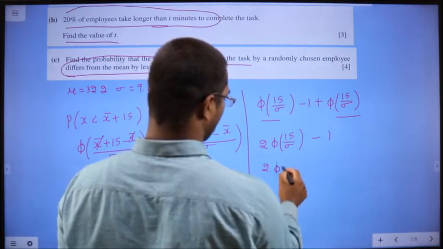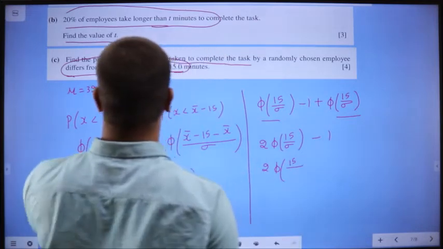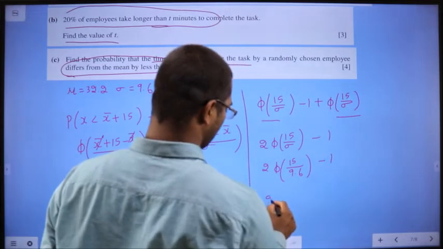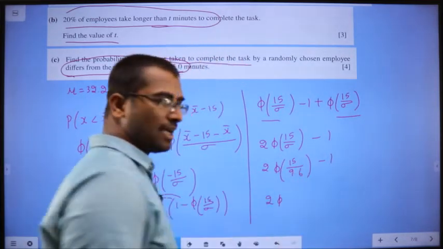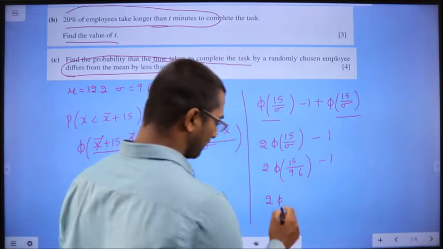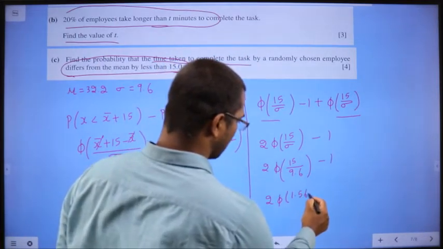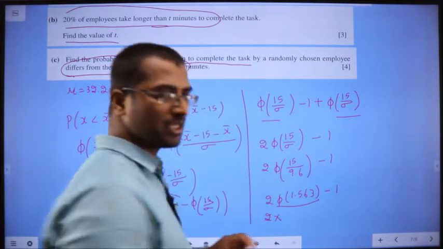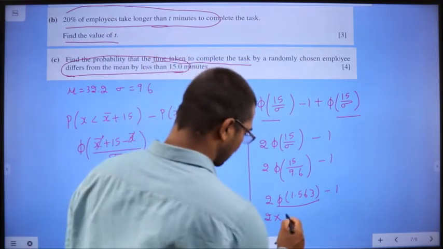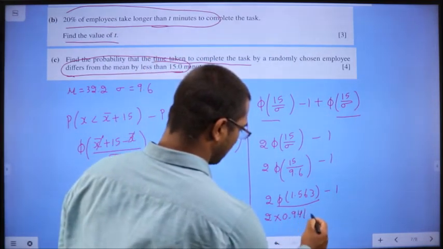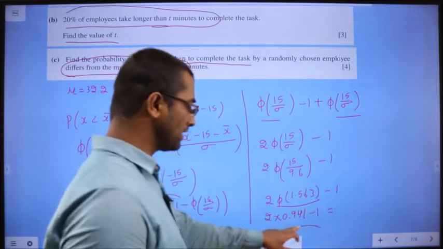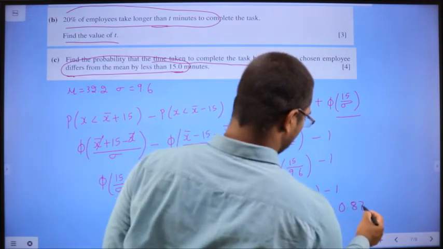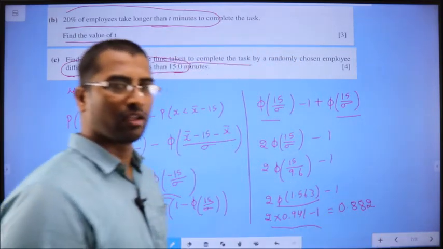So it is 2 times phi of 15 by 9.6 minus 1. Calculate this up to 3 decimals, you will get 1.563. This value you will get from the normal distribution table, which is 0.941, minus 1. Put this in the calculator, you get the answer to be 0.882.